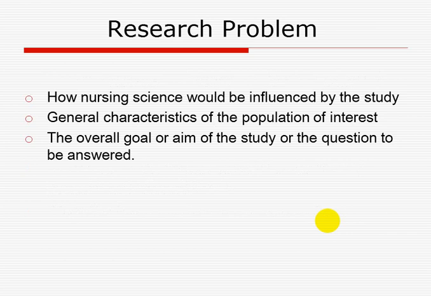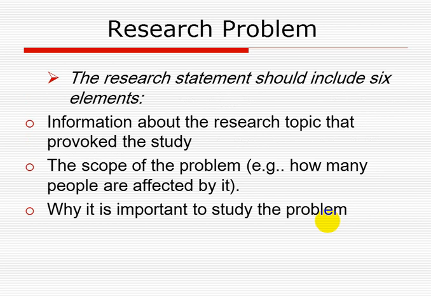And next, how nursing science would be influenced by the study, the general characteristics of a population of interest, and the overall goals or aim of the study, or the questions to be answered. That is the research statement that consists of these 6 elements.